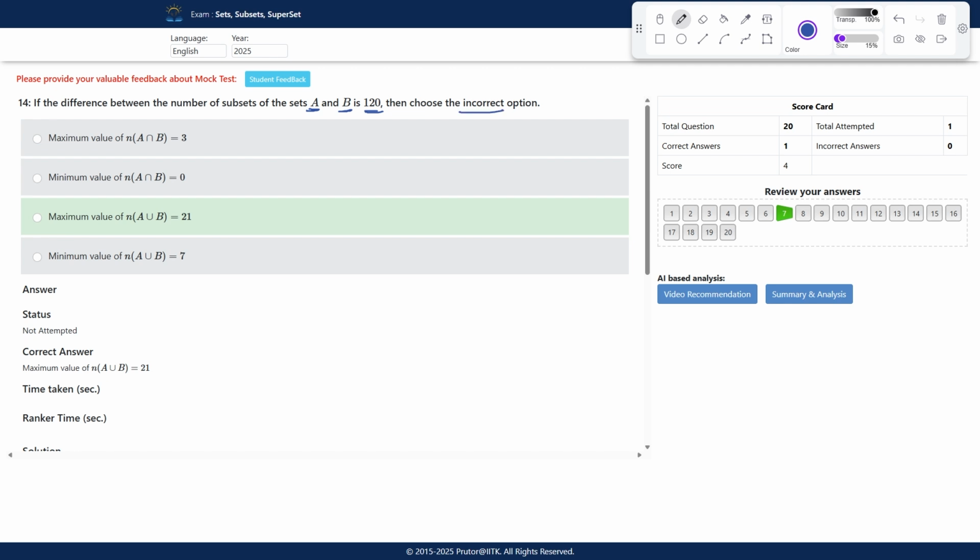Very straightforward. We have seen a problem related to such questions, if you recall. First, let me give you an approach: assume the total number of subsets of A as 2 raised to power something, and for B, 2 raised to power another something. I have given you a hint.